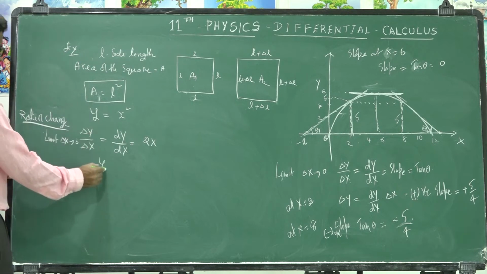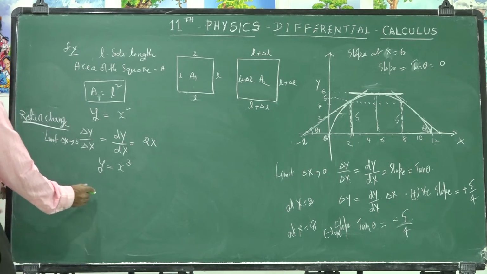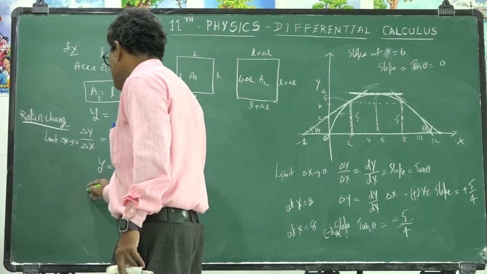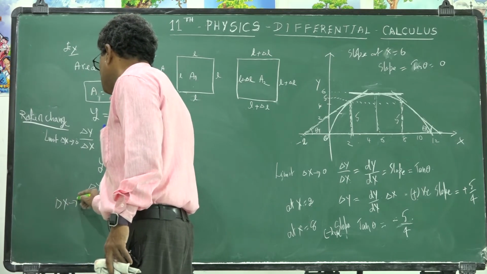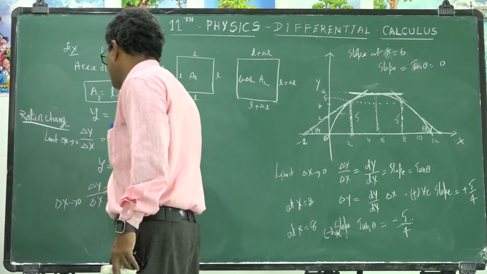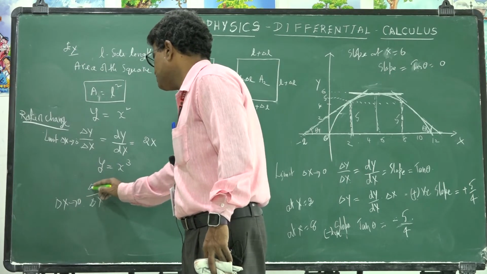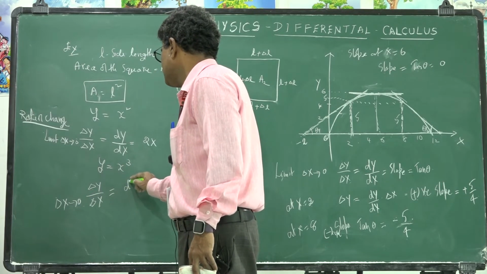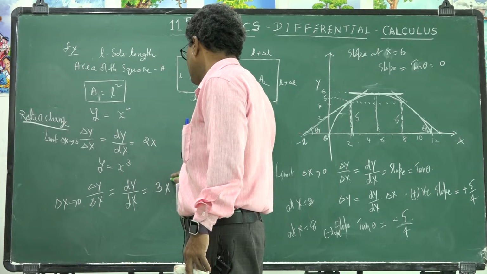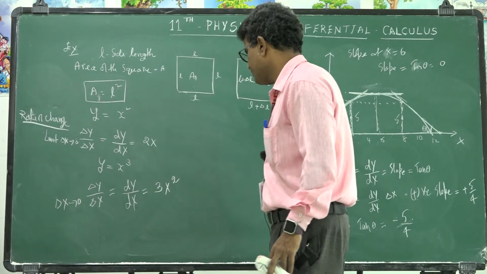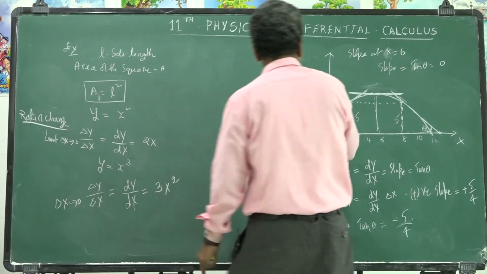Suppose y is equal to x cube, then we can write a similar expression, delta y by delta x, as limit delta x tends to 0, the rate of change, dy by dx. Similarly, we can write it as 3x square. So here I will give some formulas. Other quantities we are neglecting.